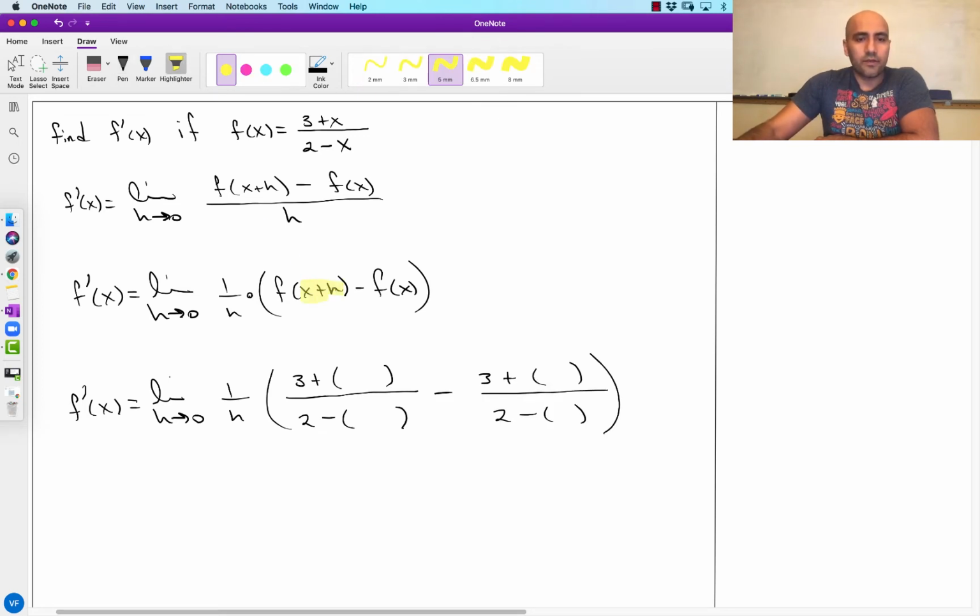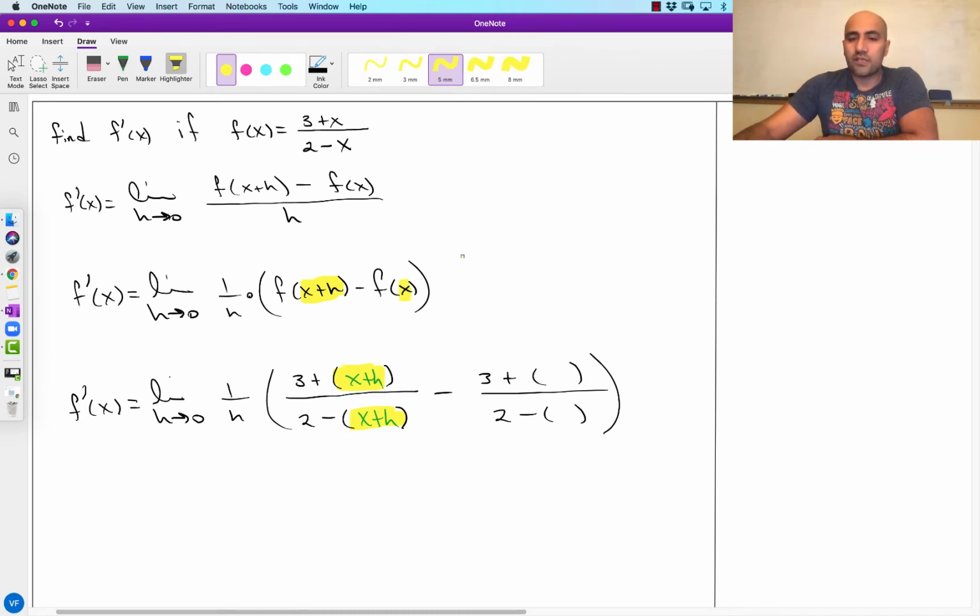Here is my input variable into the first function. Following the instructions, here's the f of x function. These are the instructions, so I've got to do 3 plus blank divided by 2 minus blank. In this case, that blank is going to be an x plus h and an x plus h. Over here, for the second function, it's just going to be the variable x.